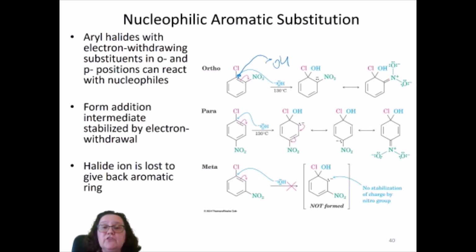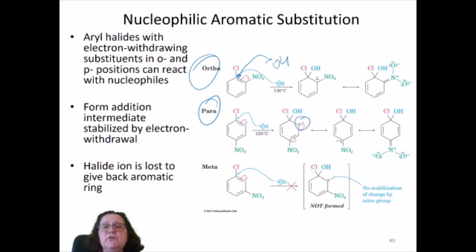And as you can see, you can form the ortho compound, in which they're both adjacent, or the para compound, but you cannot have a meta compound, and that is because this intermediate is a negative anion, a carbanion.